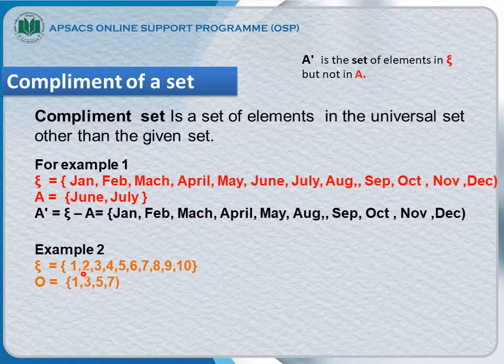It's 2, 4, 6, 8 and 10. Here you can see that 2, 4, 6, 8 and 10 are not present in set O. So this is the complement of O and we read it as O prime, O dash.